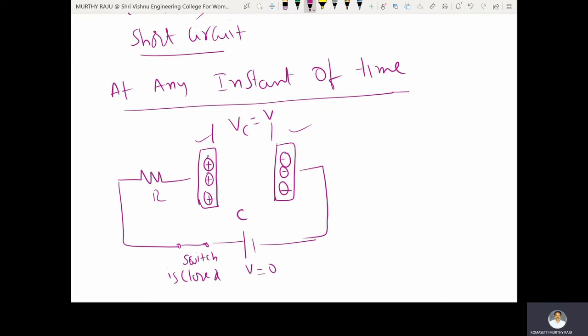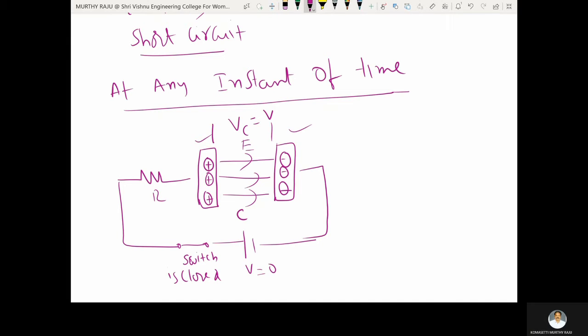Here this plate is converted into a positively charged one, and this plate is converted into a negatively charged one. Some electric field direction is created from positive to negative at a particular instant of time. That means the capacitor is fully charged to the applied voltage as time goes on increasing.